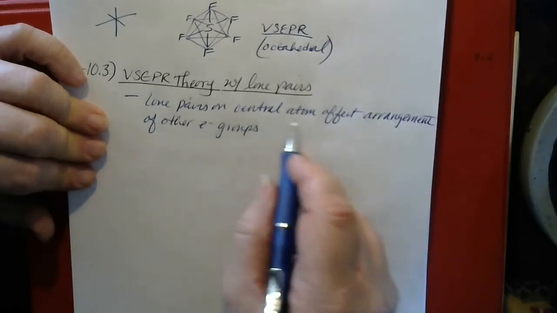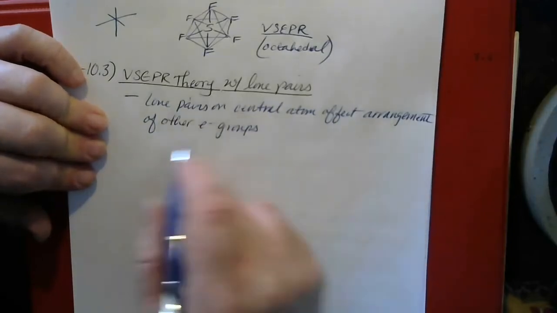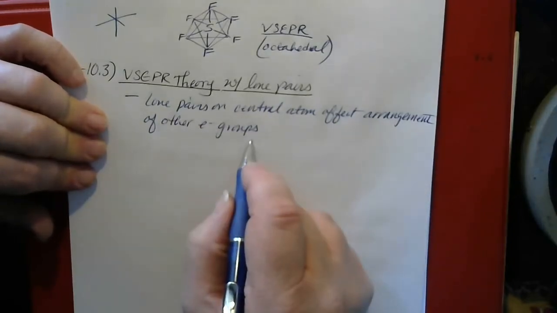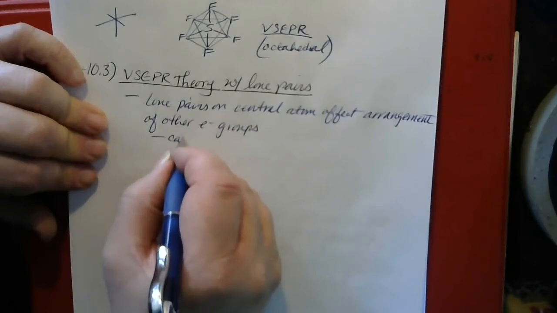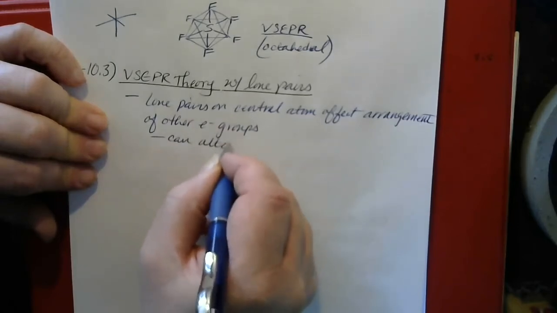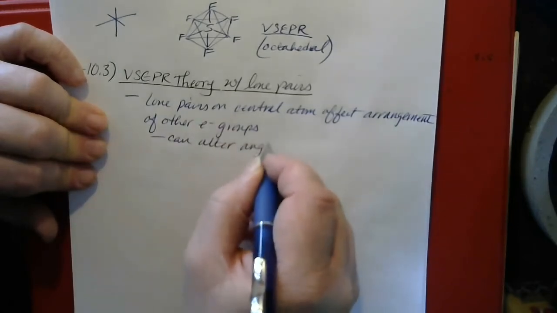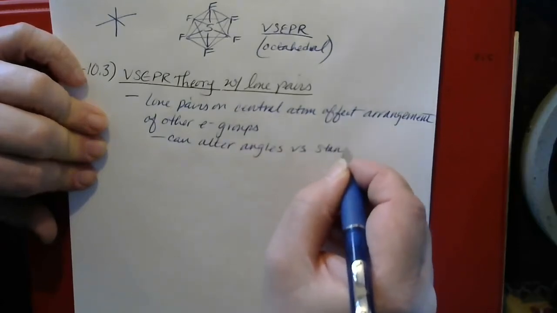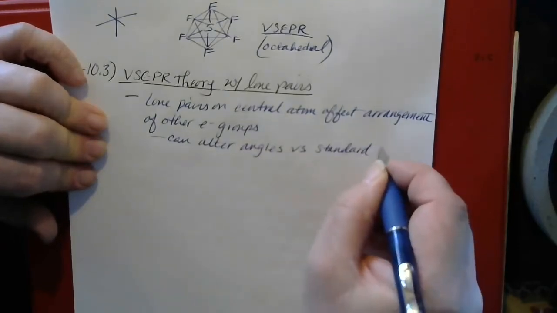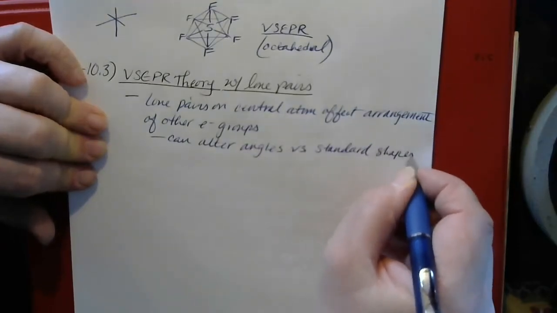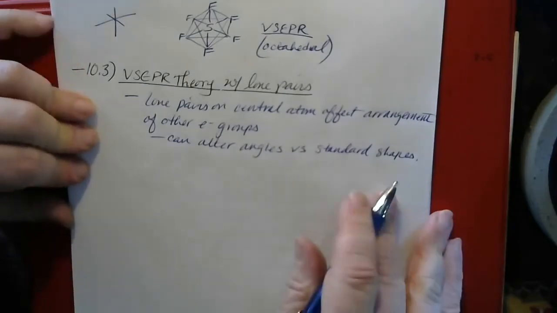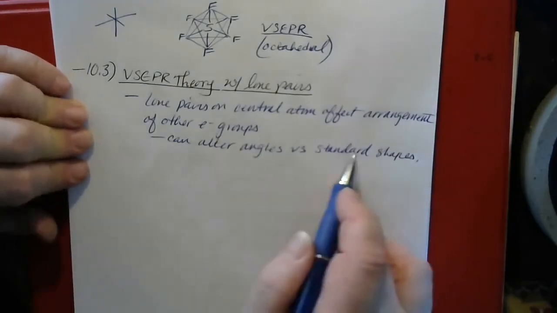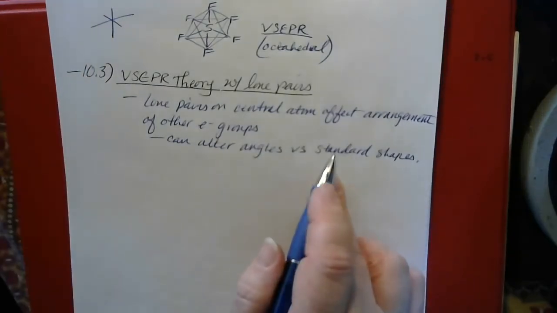Okay, so lone pairs on the central atom will affect the arrangement of the other electron groups. One effect that has is that it can alter the angles somewhat versus the standard shapes.